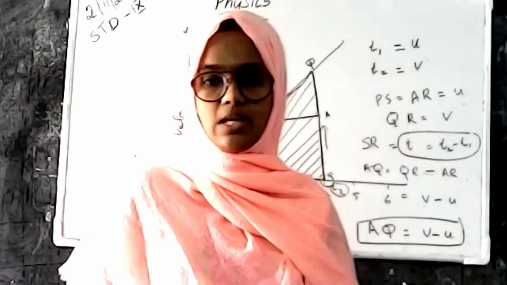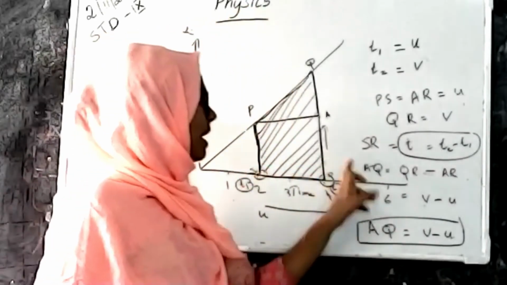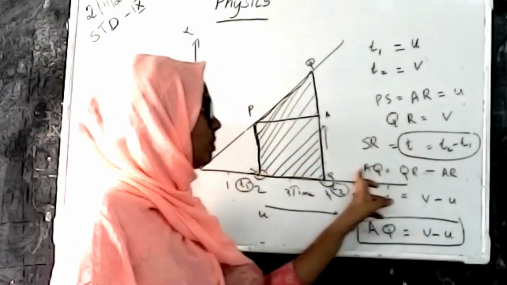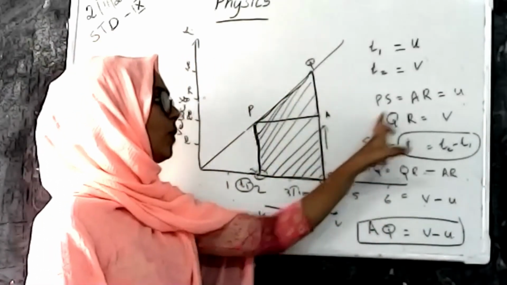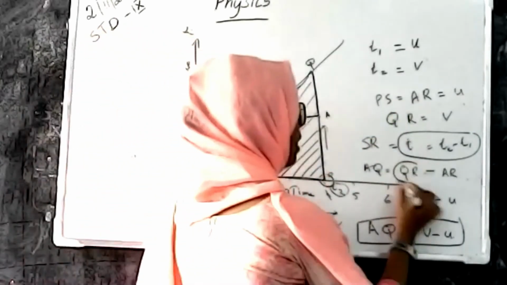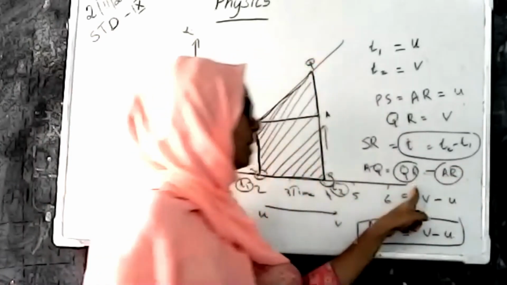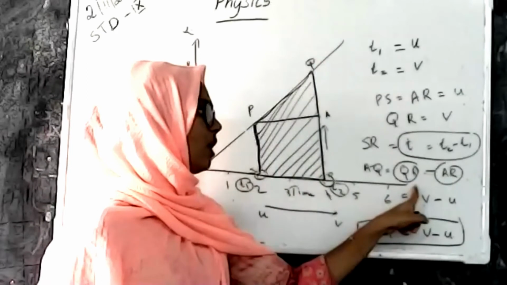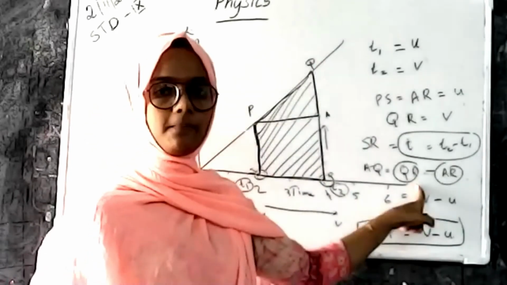We apply QR and AR to this equation: AQ is equal to QR minus AR.